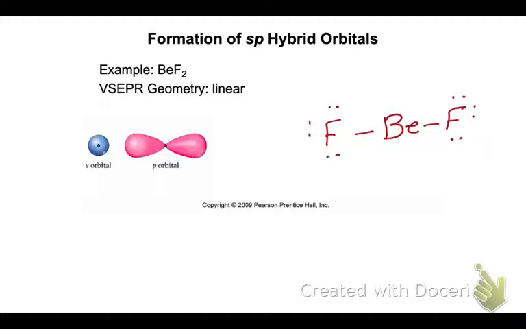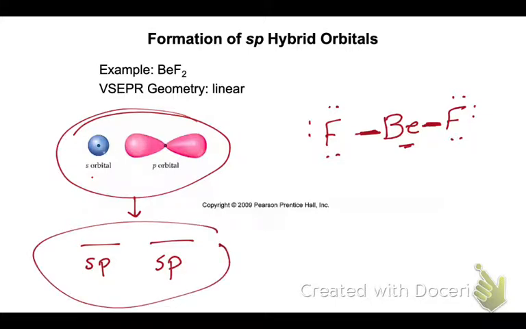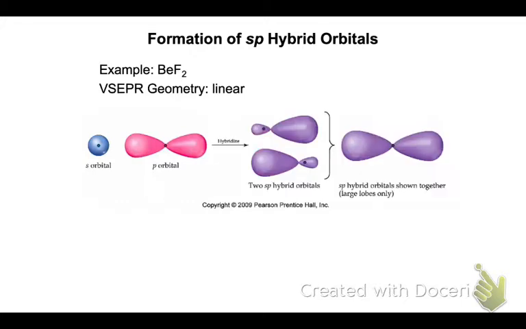It only needs 2 bonds around it, or a total of 4 electrons, which means beryllium needs 2 hybridized orbitals. How do I make 2 hybridized orbitals? I mix 1 s with 1 p. That's going to give me 2 identical sp hybridized orbitals. Since there are 2, the best separation between any 2 will be the 180 degree, leading to the linear geometry.